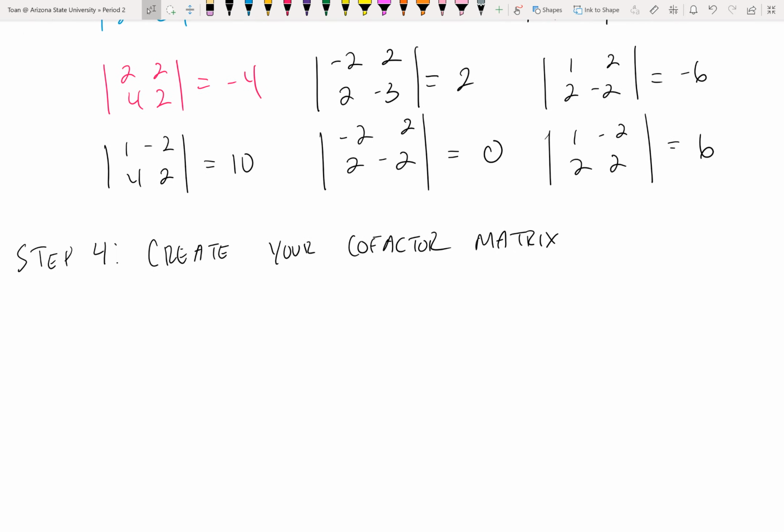I'm not going to give you a vocab test for this class. If all those terminologies are too confusing, what's a minor? What's a cofactor? If you can do it, that's all that I care about. So if you don't remember what cofactor or adjugate matrix is, just be able to do it.